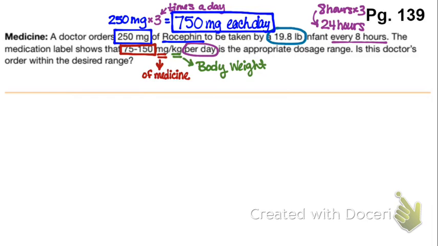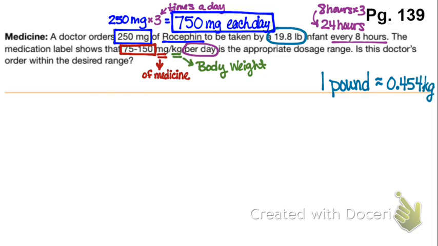So how are we going to determine if this is the proper dosage for a baby? Convert the pounds into kilograms. So what is that conversion? 1 pound is 0.454 kilograms.